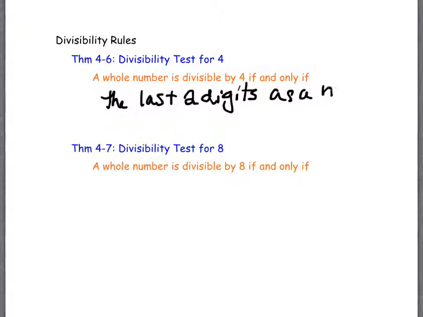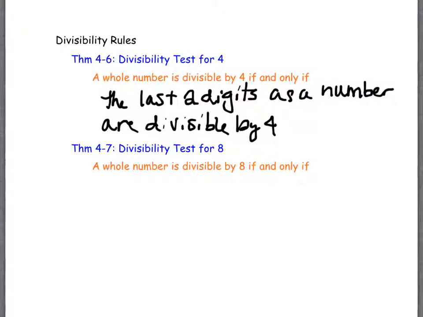as a number, I'll show you what I mean by that, are divisible by 4. So let's say we had this number, 42,043.